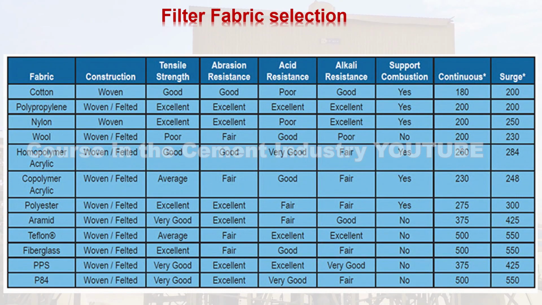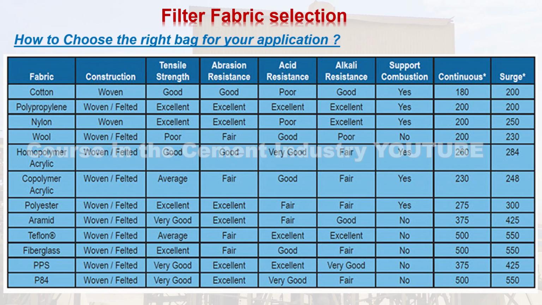Below is a table showing the properties of the materials used in the manufacture of the bags. How to choose the right bag for your application. The success in achieving high filtration efficiency for a specific filtration process depends mainly on the success of choosing the suitable filter bags for your application from many perspectives, such as: 1.